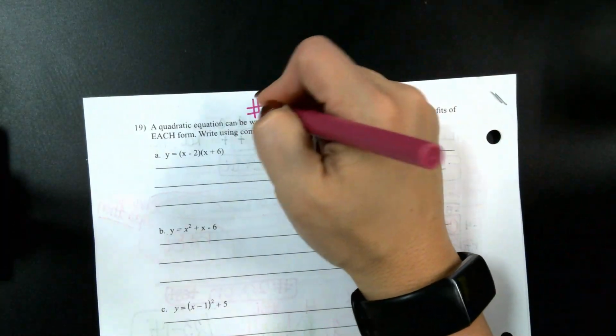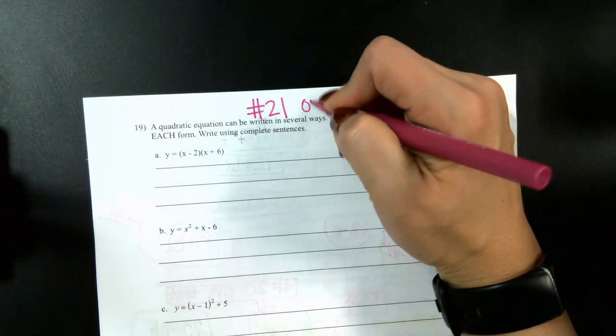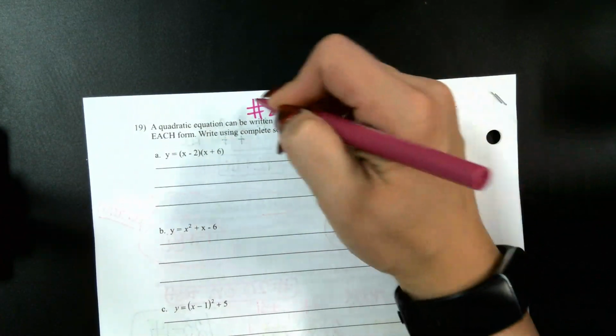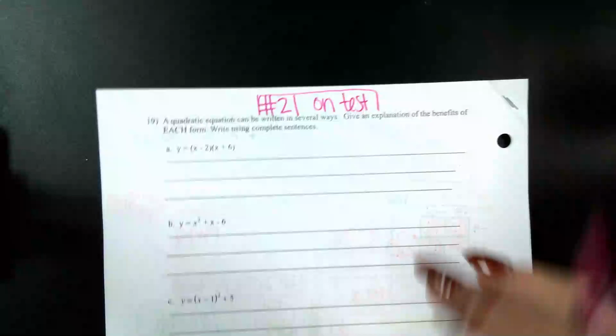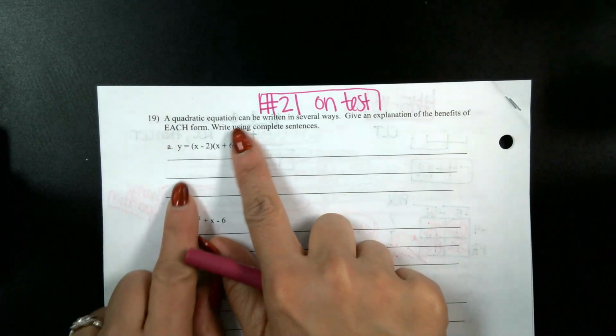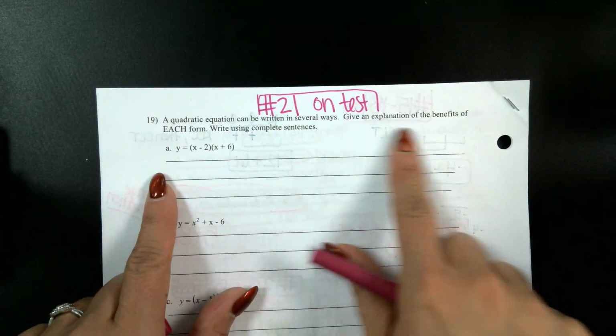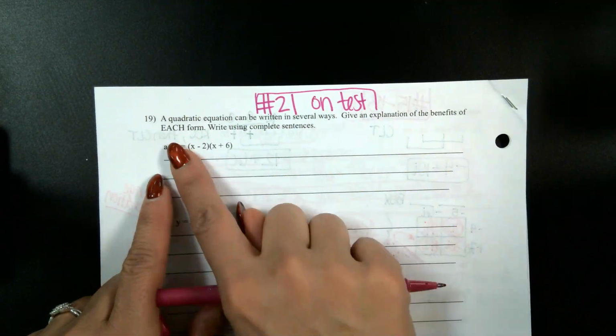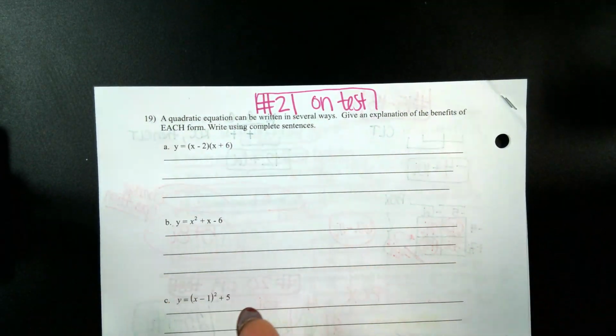Okay, number 19 here is number 21 on your test. Now what they have done is it says here, A quadratic can be written in several ways. Give an example of the benefits of each form. Write using complete sentences.